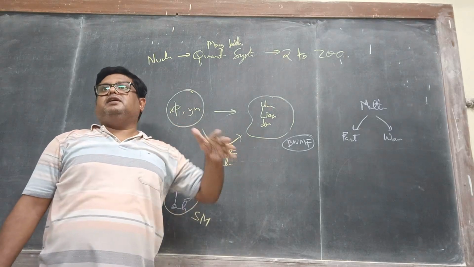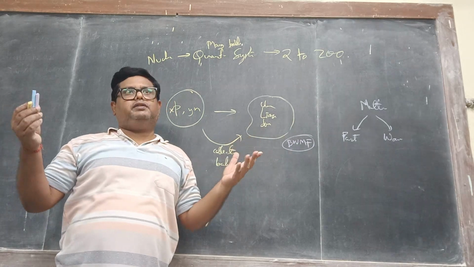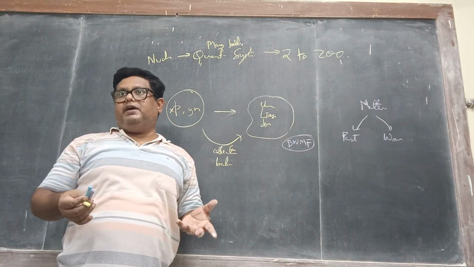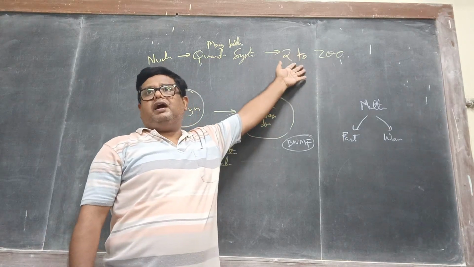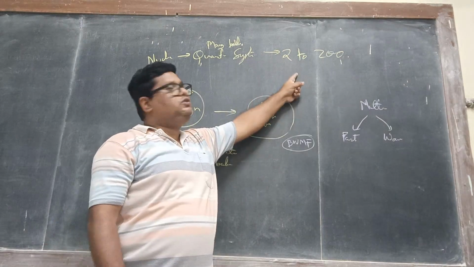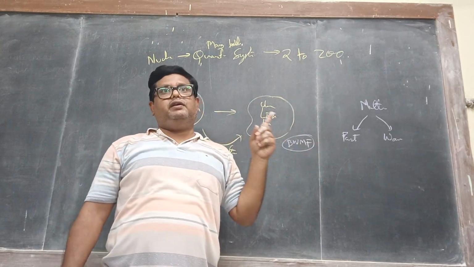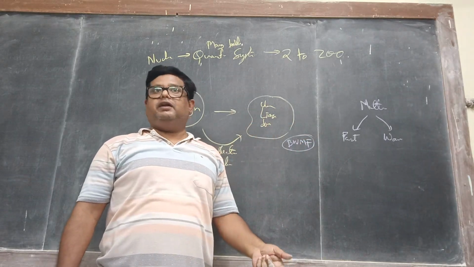In statistics, the number is very large, Avogadro order, 10 to the power 23. There we use statistical techniques to find the average behavior, right? Now here, look at the number. This number, unfortunately, is too large for few-body calculations, and again too small for statistical calculations. So this is one of the very important difficulties why we do not understand the nuclear structure.